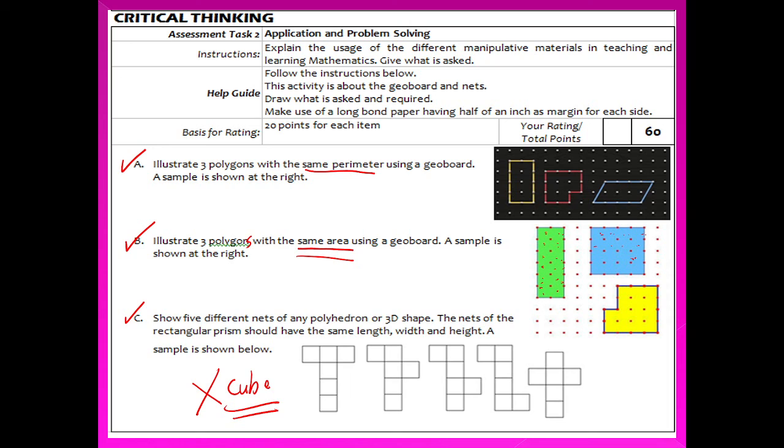It's up to you. Basta ayaw na ang cube, kay ang cube nga nets nahatag na sa ato ang CM. So I need to have 5 different nets of any kamoy magbuot unsa nga polyhedron or unsa nga 3D shape that you want. Is the critical thinking part clear?